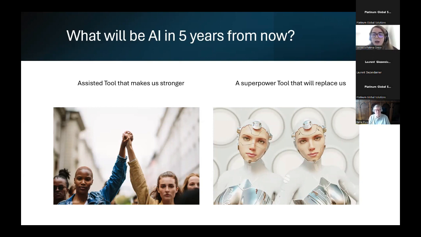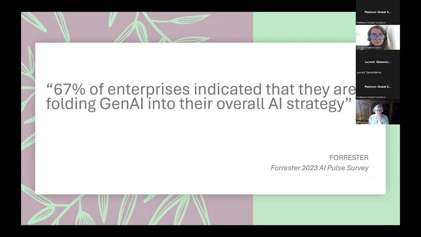So basically now, what will AI be in 5 years from now? It could be a tool that can empower us, that can help us with our daily business, or it could be a superpower tool that could replace us. This is the dilemma, I think.